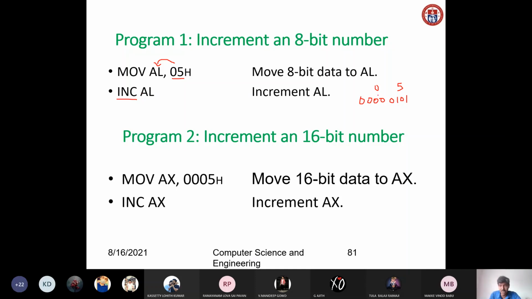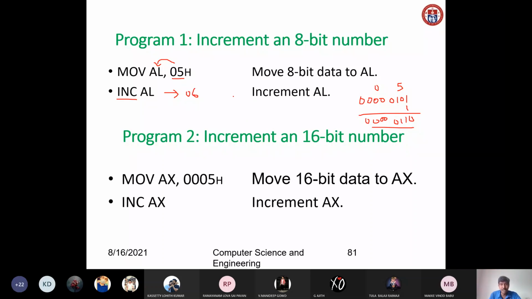For example, the AL value is already 05, and now I am going to add 1. 1 plus 1 gives sum 0, carry 1, and the result is 0000 0110. Now the AL value is 06. This is how we can increment an 8-bit number.